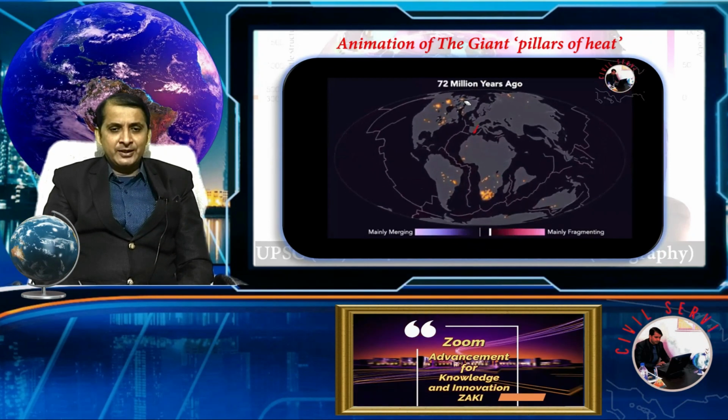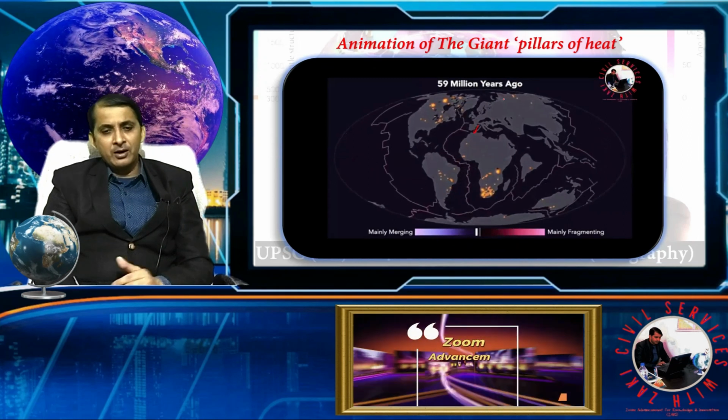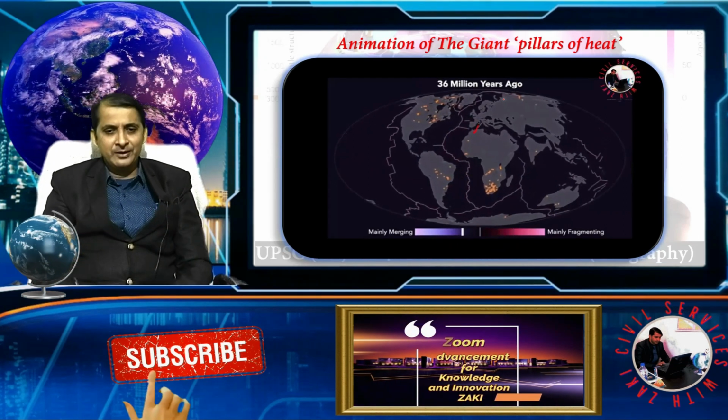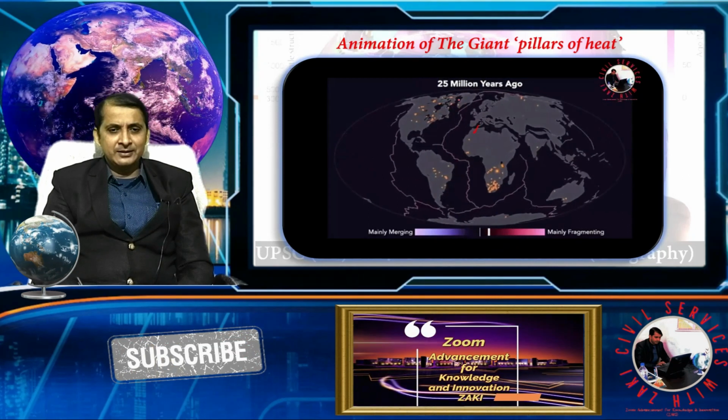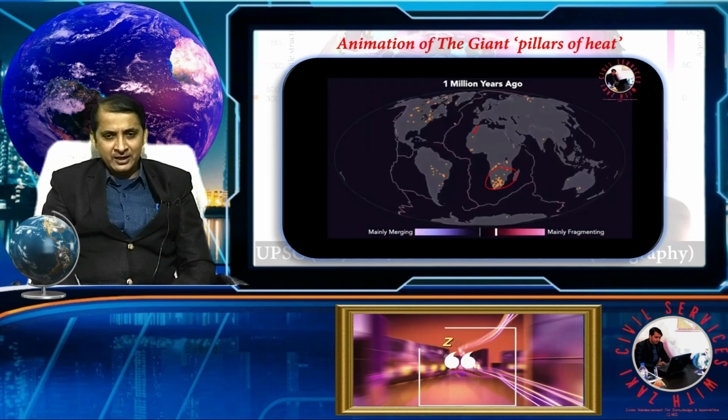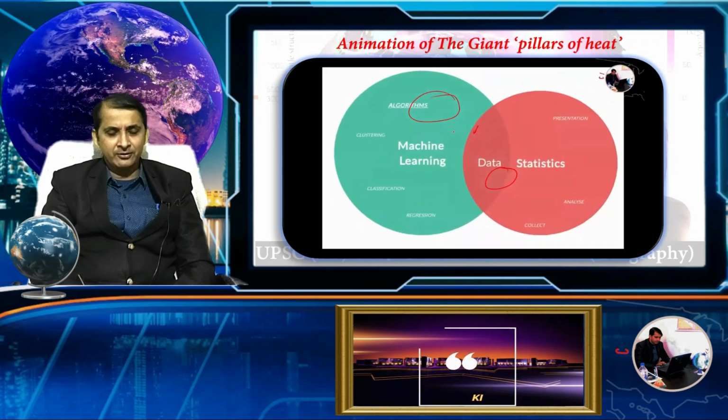Here, this is the geologic model, and our continents are moving. You can find this type of kimberlite eruption in South Africa, here Canada and so on.